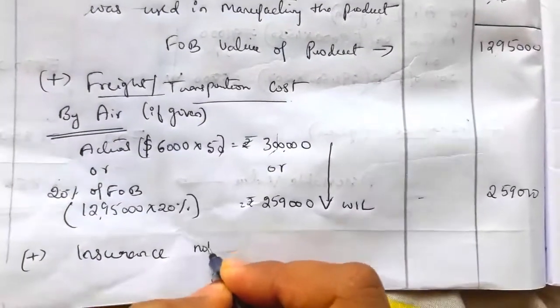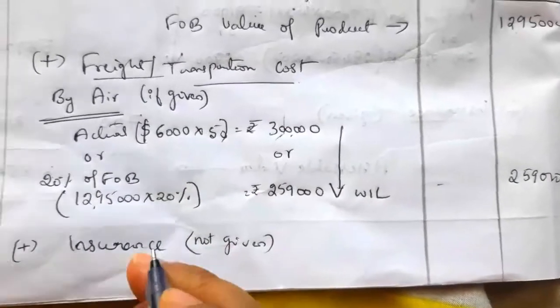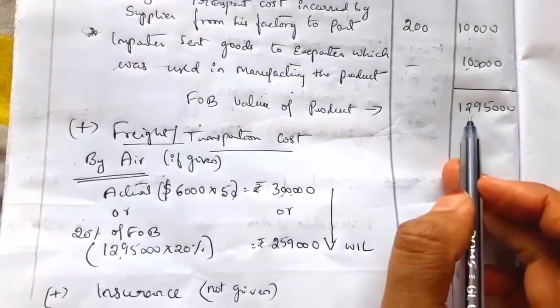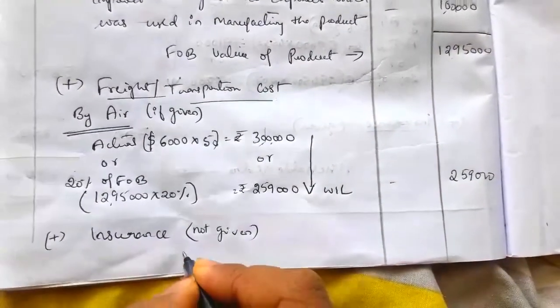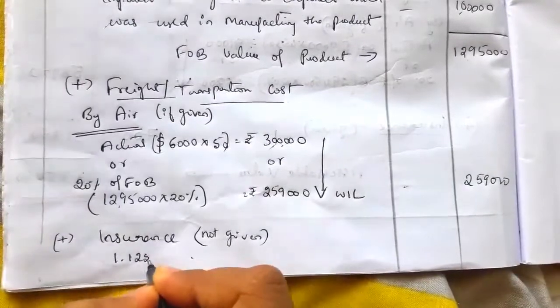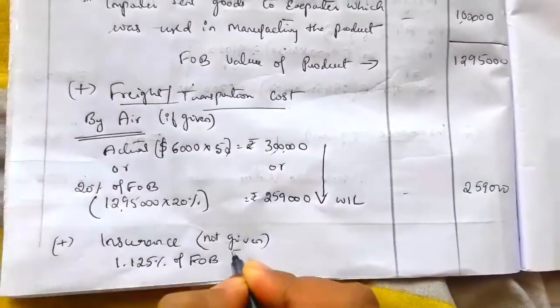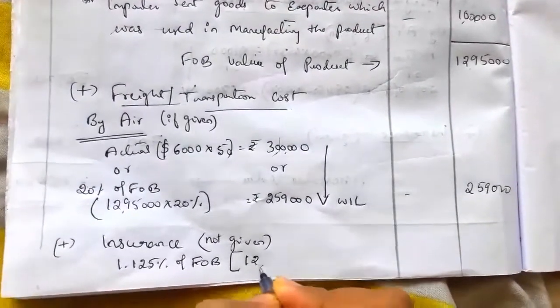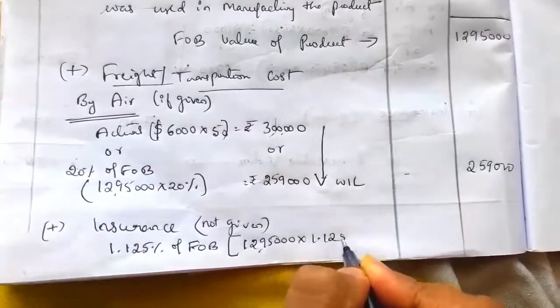If insurance is not given, we have to take 1.125% of FOB. The amount is not given, but we have to calculate it on the FOB value. So that is FOB 12,95,000 into 1.125%.